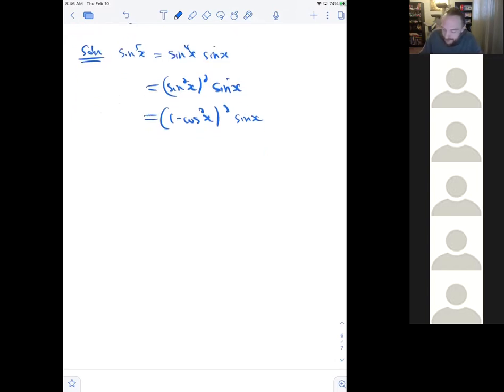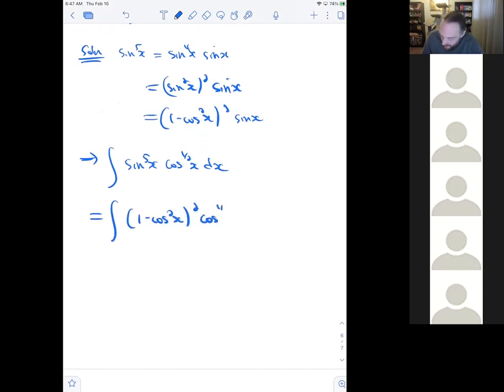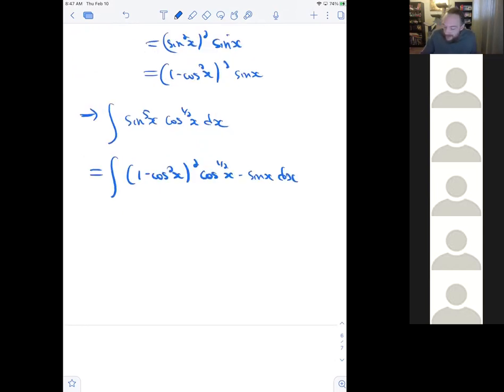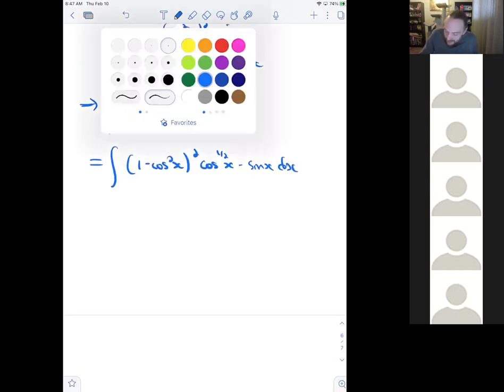So what are we going to get? Roughly the same thing. Our integral of sine 5x times cos to the 1/2 x dx, where the square root is the 1/2 exponent, is equal to the integral of 1 minus cos squared x squared times cos to the 1/2 x times sine x dx. Now I'm going to use my substitution.